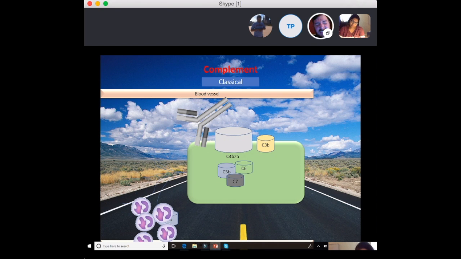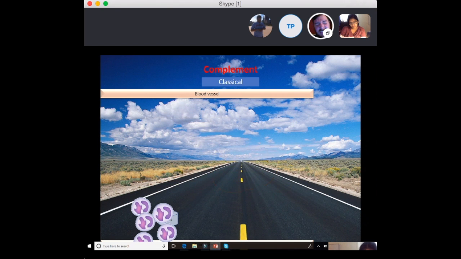So then we have all these terminal complement proteins that come in, C5 through C9. This right here is the MAC, the membrane attack complex. It punches holes inside of an antigen, and then it causes apoptosis.